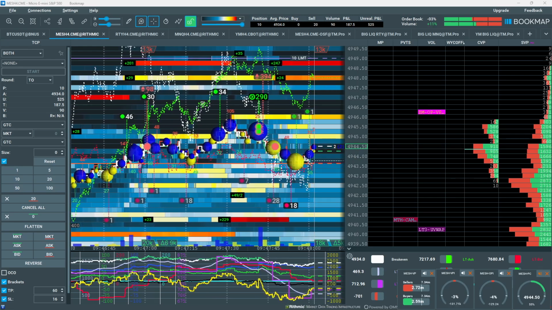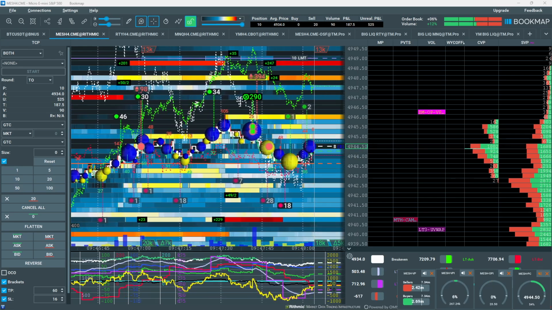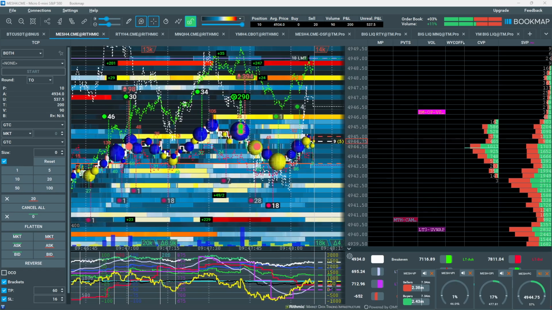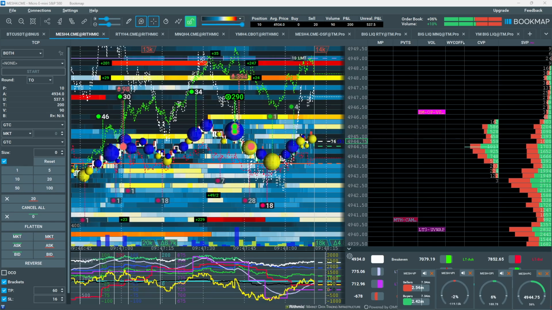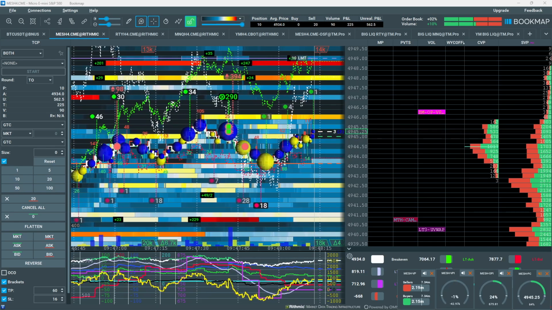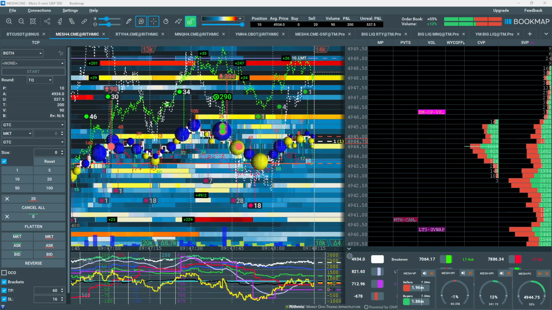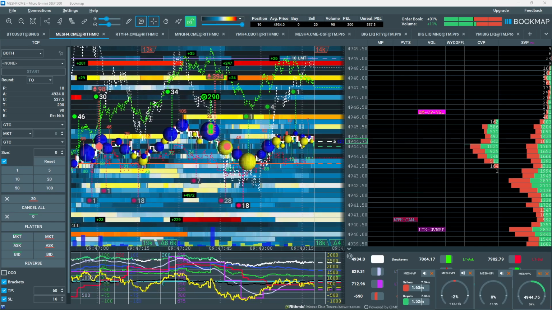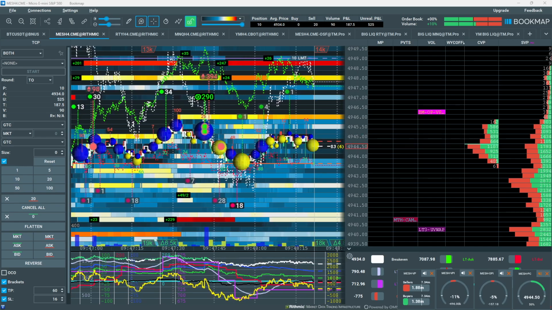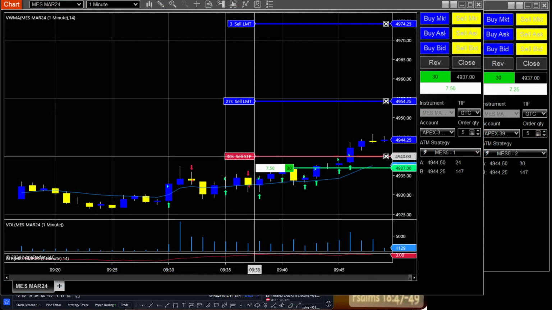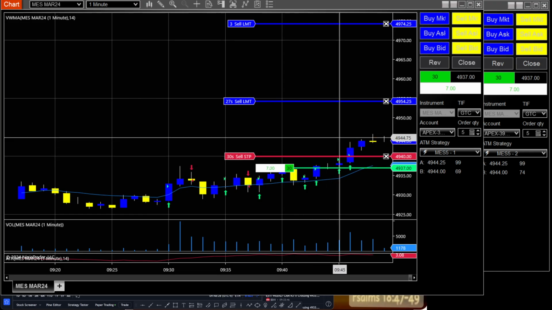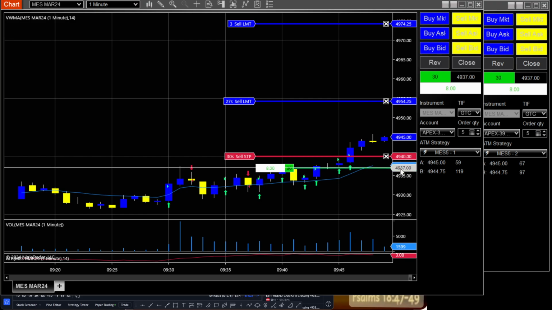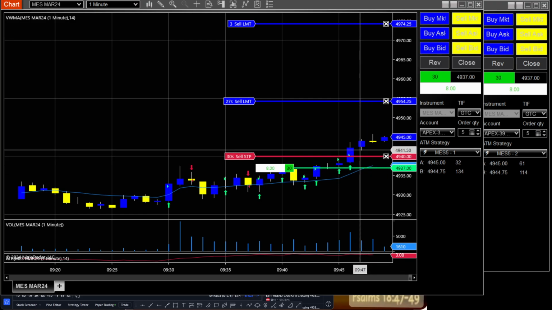Right, so trailing my stop up to 49.40. A little slowdown in price here, so just securing some profit.